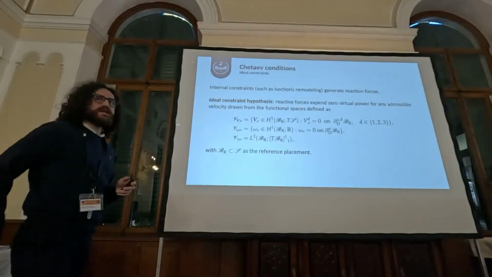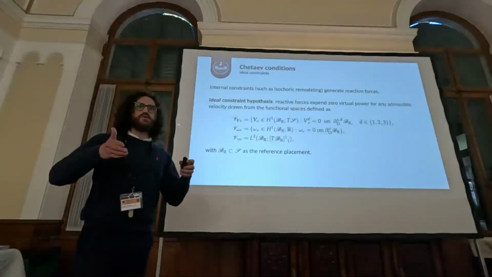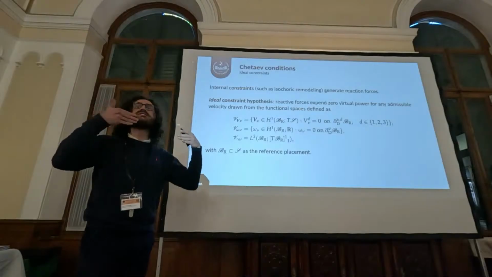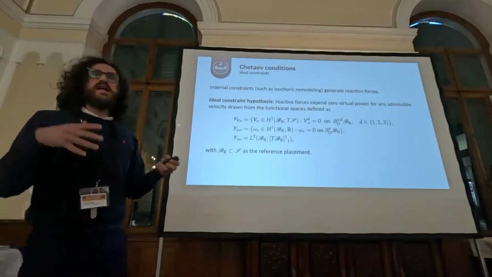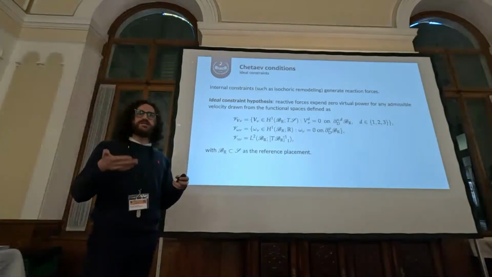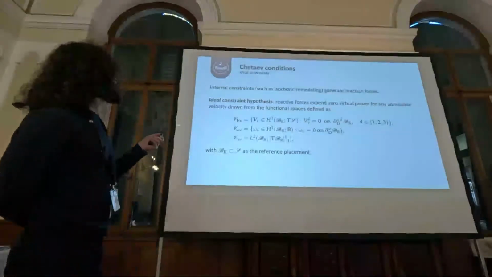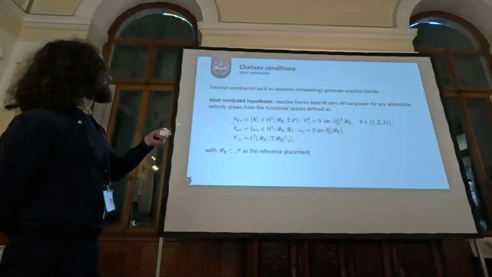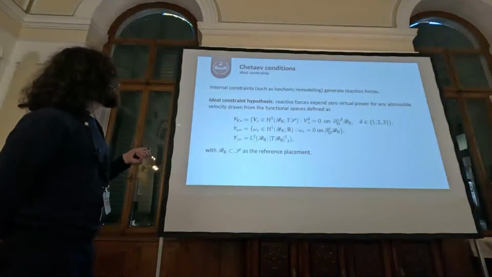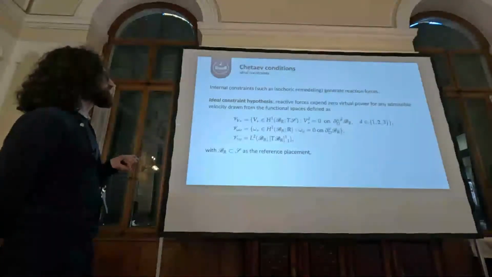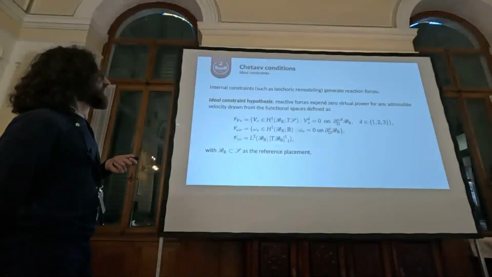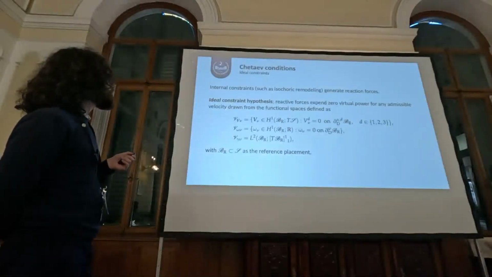So now we need a tool to insert and use these constraints inside the principle of virtual power, and so we need to define the Chetaev condition. But to do so, we need to first define the functional spaces in which the admissible velocities for our problem live.